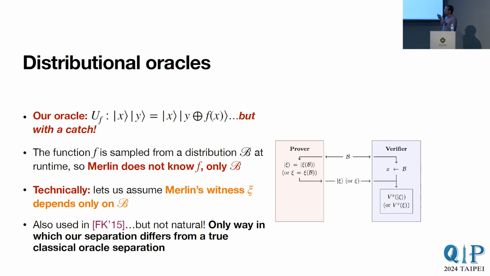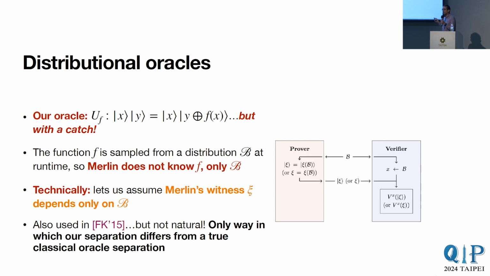So in particular, Merlin only knows b. In advance, when Merlin is trying to come up with his witness to send to Arthur, Merlin knows b, but not the particular f that the oracle will choose to use at runtime for the problem. So the setting is you specify an instance by a script b, and then Merlin says, if this is a yes instance, I need to try to convince Arthur that it's a yes instance.